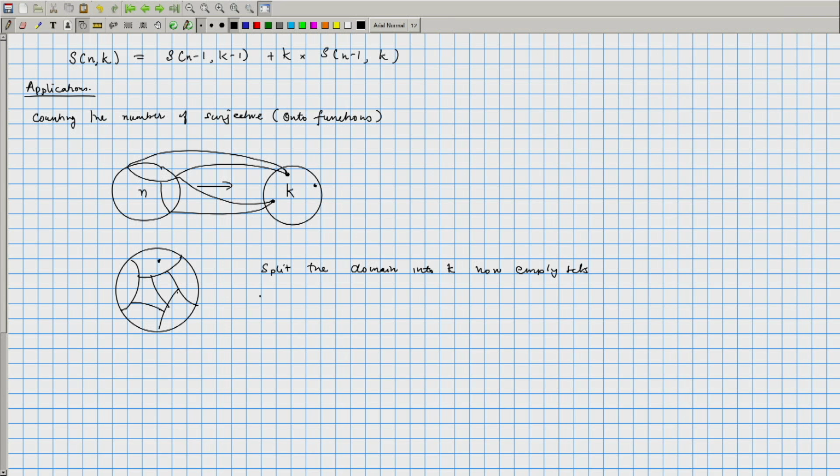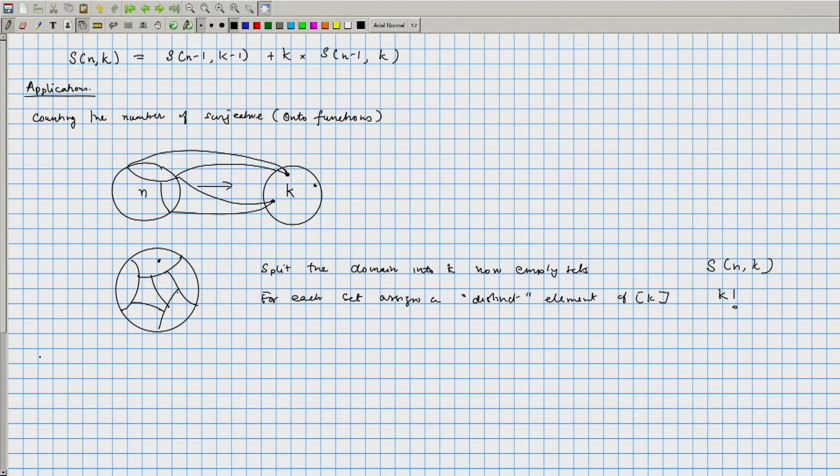For each set assign a distinct element of k. You can't assign the same element because that would not make the function surjective. Okay. So, the number of ways of splitting the domain is basically S(n, k), and if you have to assign distinct numbers from 1 to k to these parts, that is going to be k factorial ways.